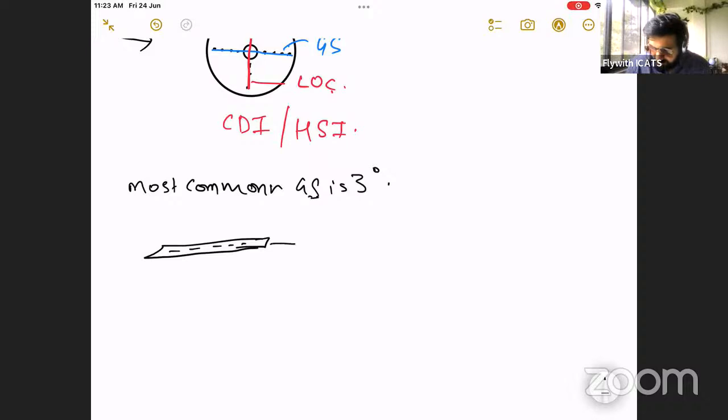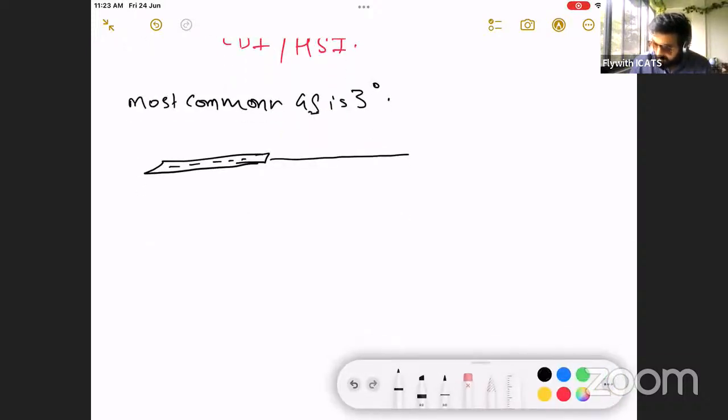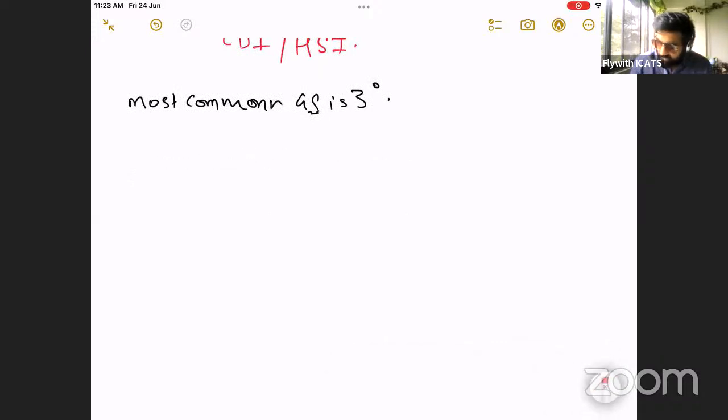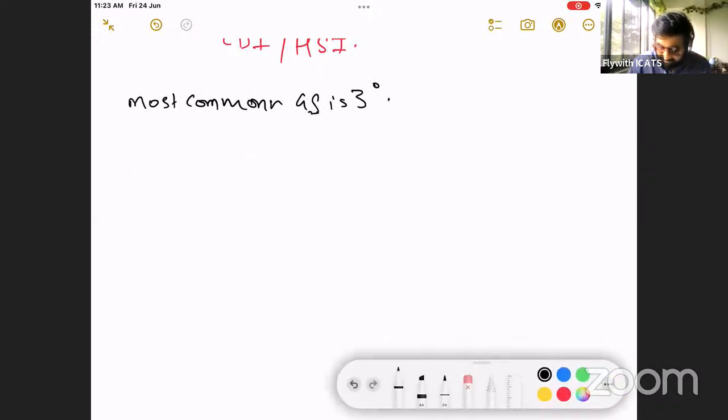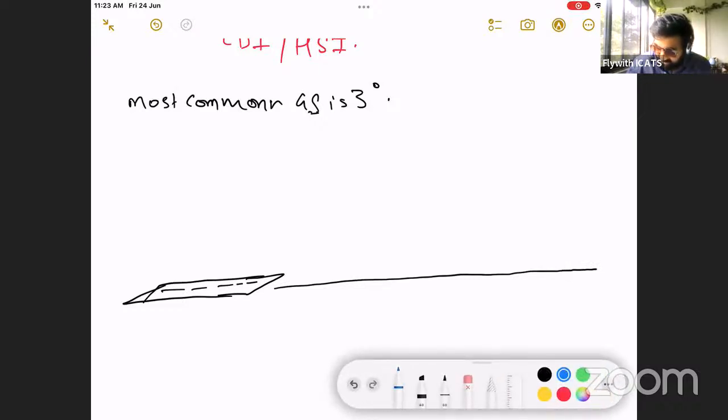It means this is a straight line. So if this is the runway center line, this is the straight line from the runway, the ground line, okay? And the angle made by the glide slope is this angle with this horizontal.